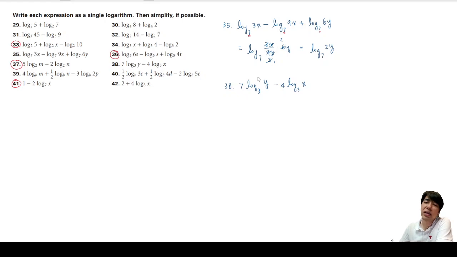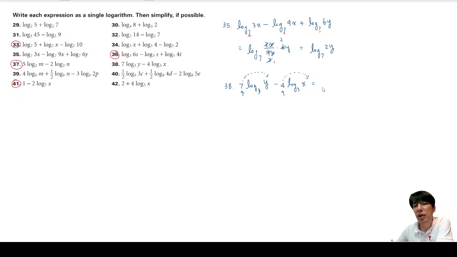Okay, I said in class before you combine these logs, the coefficients, this 7 and 4, should be removed. How? You take this thing back here as an exponent. You do the same thing here.